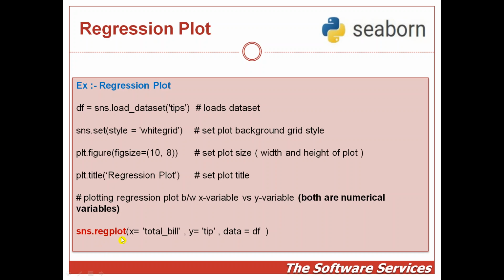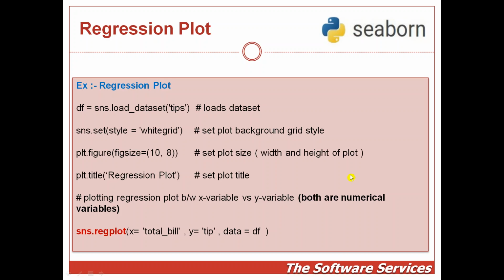You need to pass the required arguments here. On the x-axis data, that is total bill, and y-axis data, that is tip, and these two data are available in the variable called df, which was loaded from tips. Tips is the inbuilt data set which is available in Seaborn, friends.